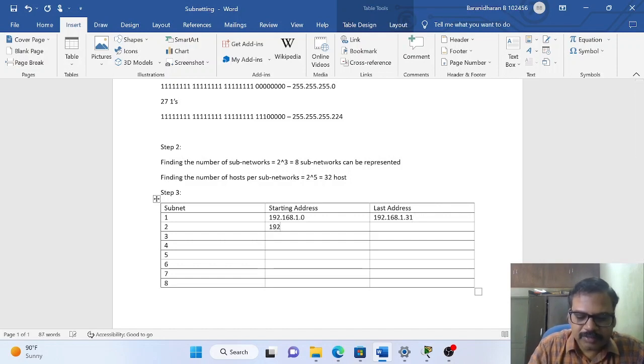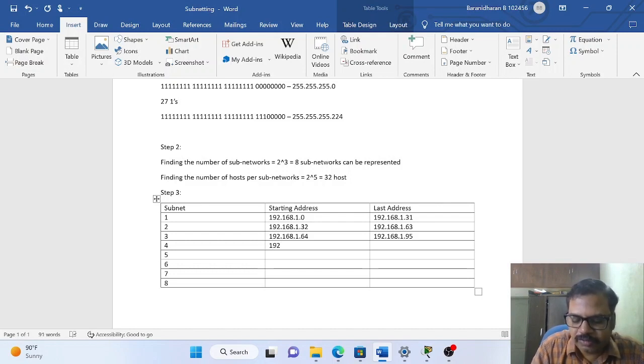The next starting address is 192.168.1.32. Another 32 IP addresses, so it will be up to 63 since you are starting with 32. Then 192.168.1, from 64 we have to start, so it will go up to 95, since you are starting from 64.